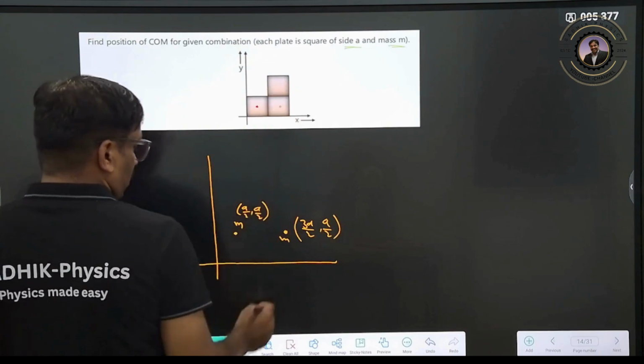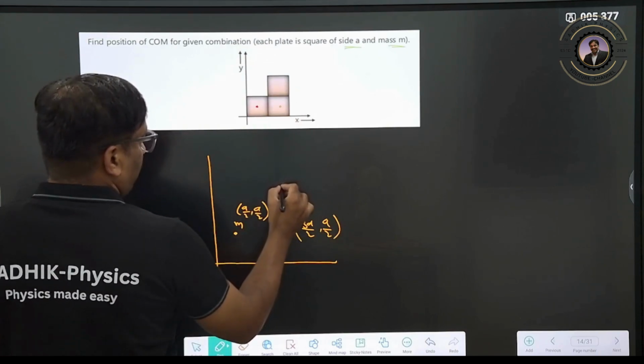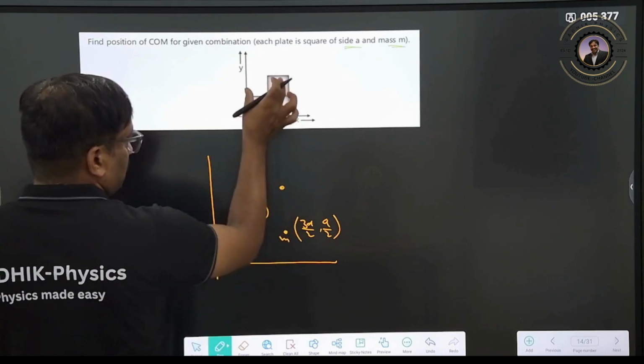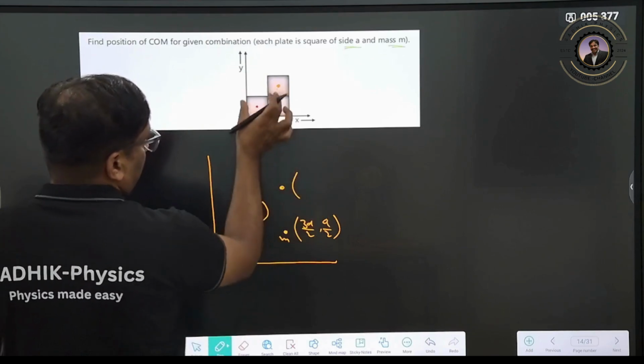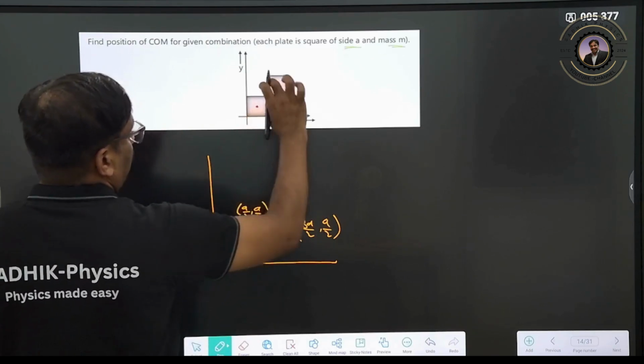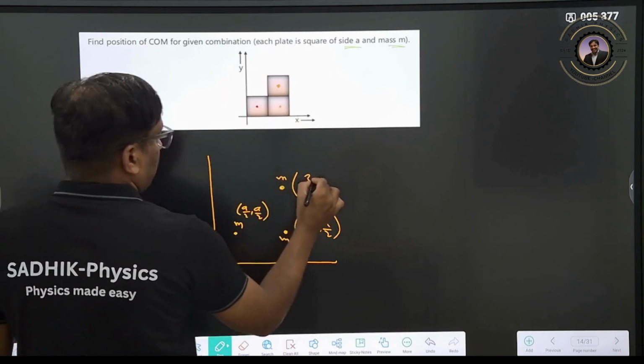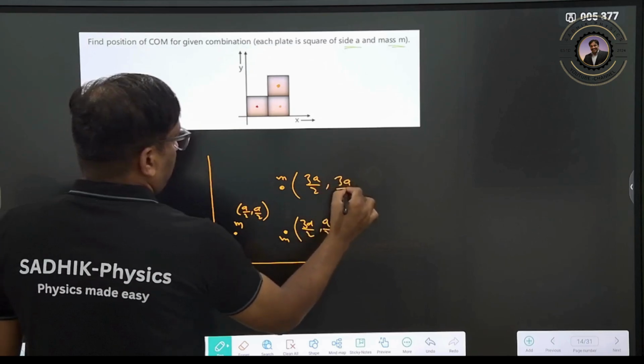And one more mass will be at this point. This distance is also 3a by 2, so the position is 3a by 2 comma 3a by 2.